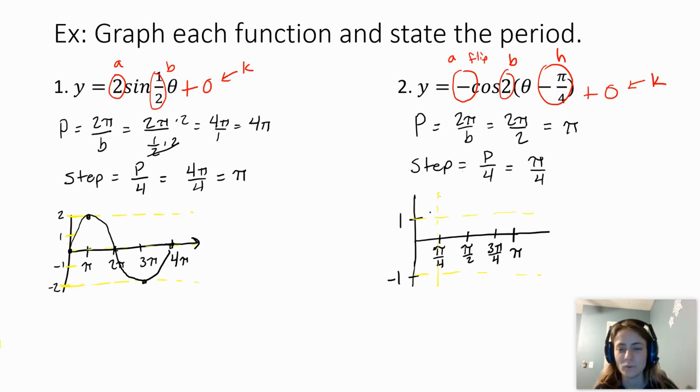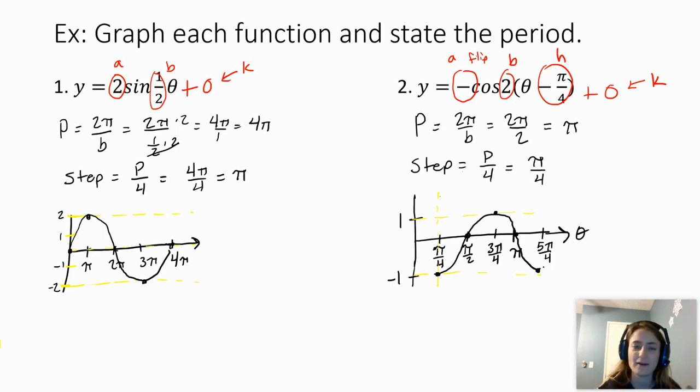We know that cosine starts at the maximum, but we're flipping it, so we're going to start at the minimum. So minimum, midline, maximum, midline, and then minimum again. This would be at 5 pi over 4. And then we sketch. And there's our lovely cosine graph.